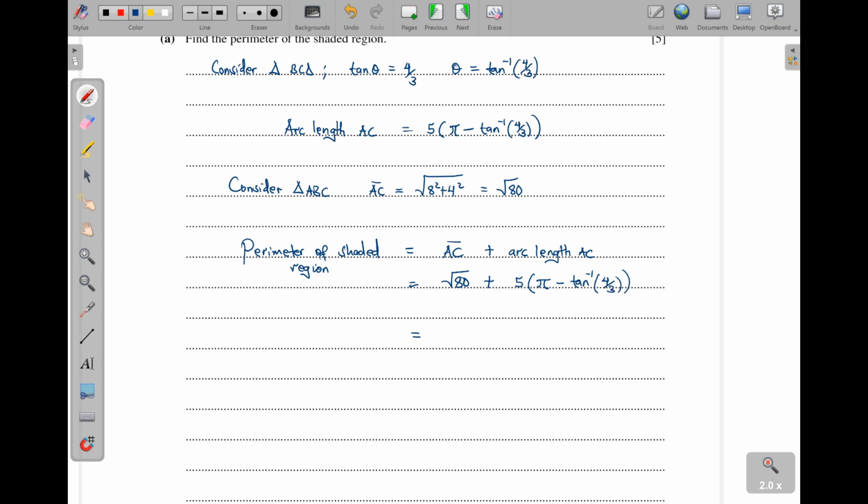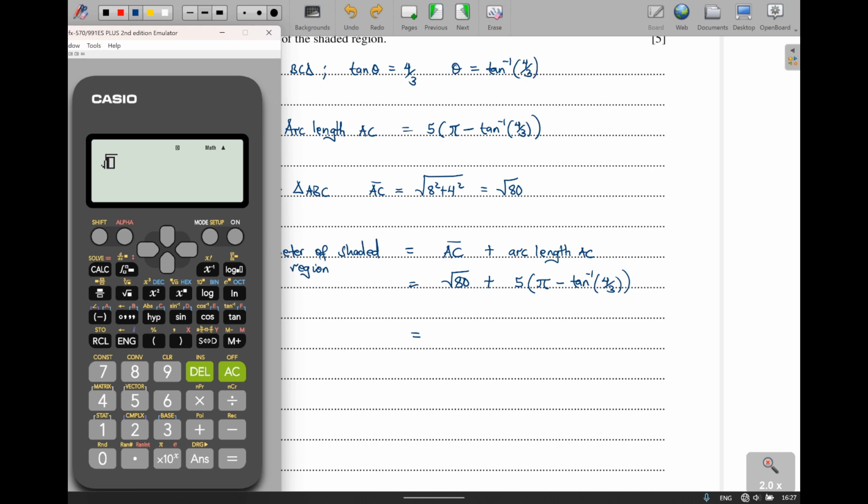Now, altogether, what do we get here? Root of 80. Now, our calculator has to be in radians. This one is in degrees, so shift, then mode, then 4, that is in radians now. Plus 5 into pi minus the arctan of 4 over 3.